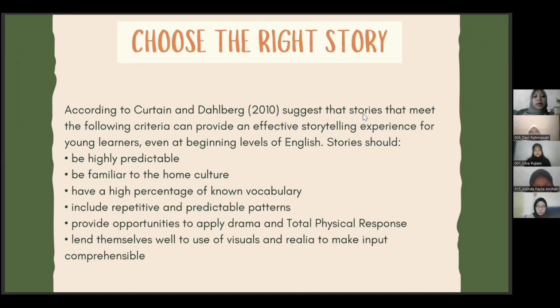Stories should be highly predictable, be familiar to the home culture, have a high percentage of known vocabulary, include repetitive and predictable patterns, provide opportunities to apply drama and total physical response, and lend themselves well to use of visuals and realia to make input comprehensible. If stories meet these criteria, then it's possible to allow them to follow along in English without using their native language.